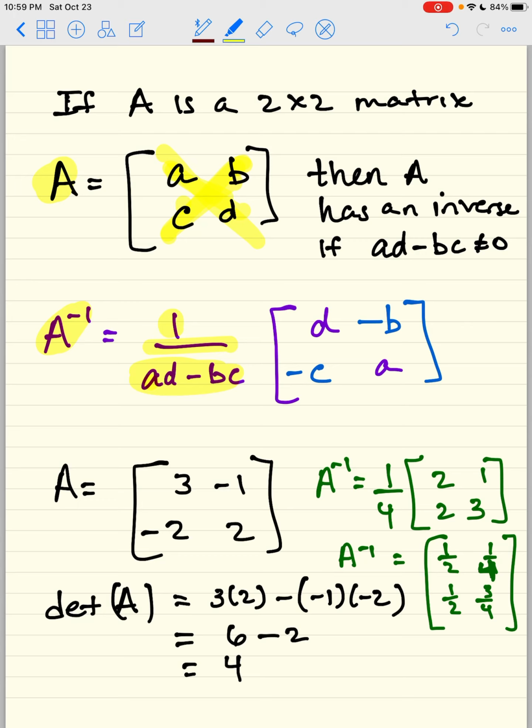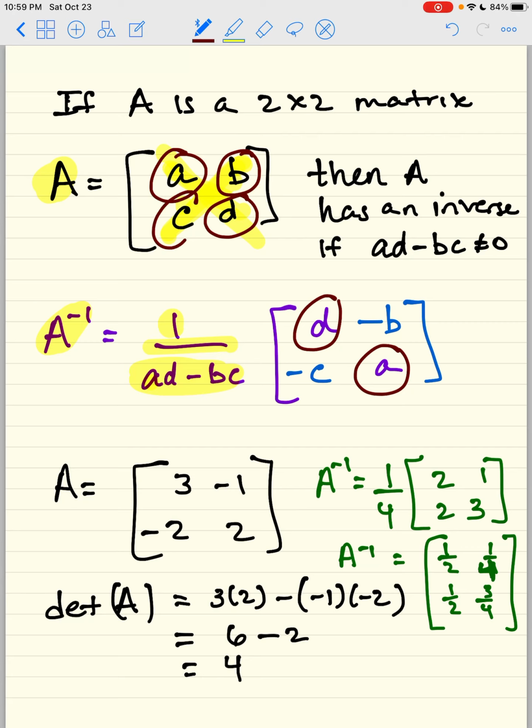Then we're going to take the D and the A and swap them. And then we take the B and the C and negate them. So with that being said, you can find the inverse of a matrix that way. How amazing is that? Think about it for a second.